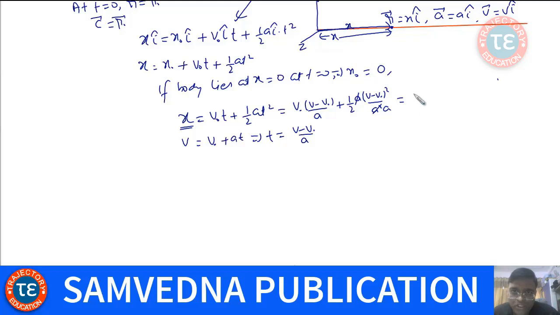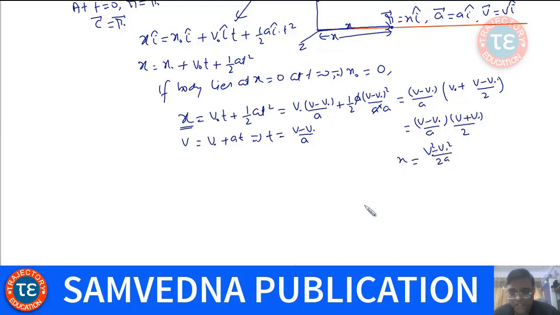Now it is correct. So it is v minus v naught upon a, and v plus v naught by 2, and that is v square minus v naught square over 2a equal to x.